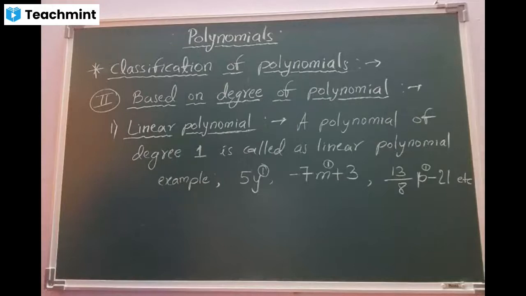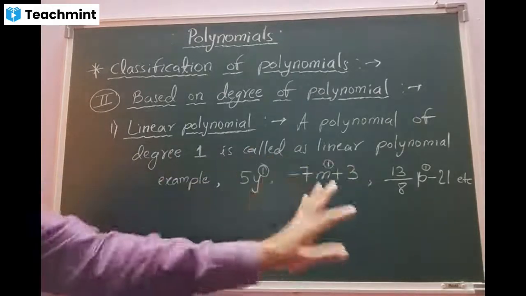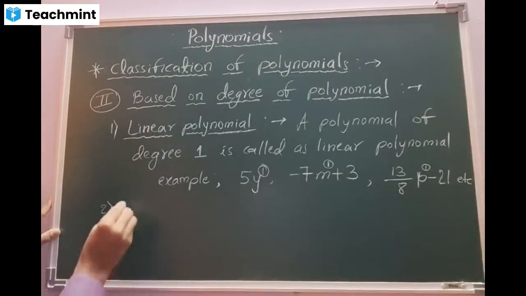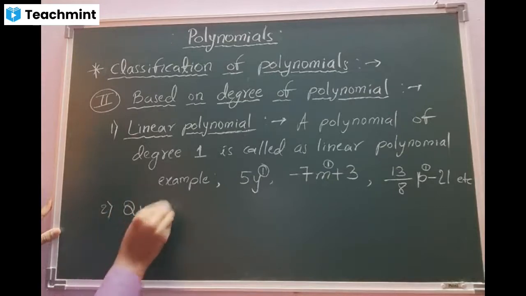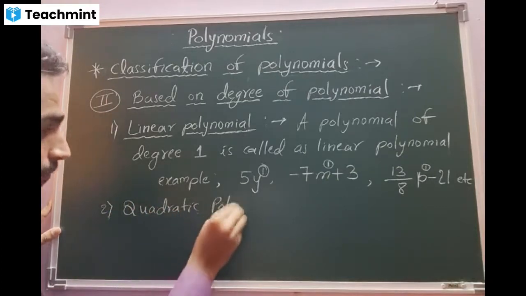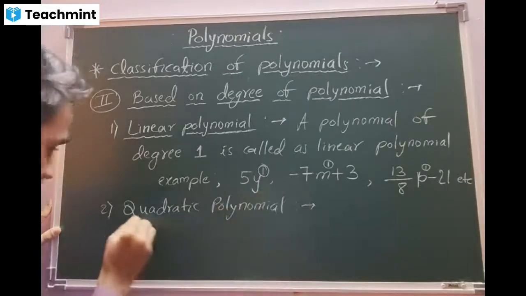Yes, sir. Any confusions, beta? No, sir. Below, number 2. What is the second type, beta? Quadratic polynomial. Right. Quadratic polynomial.